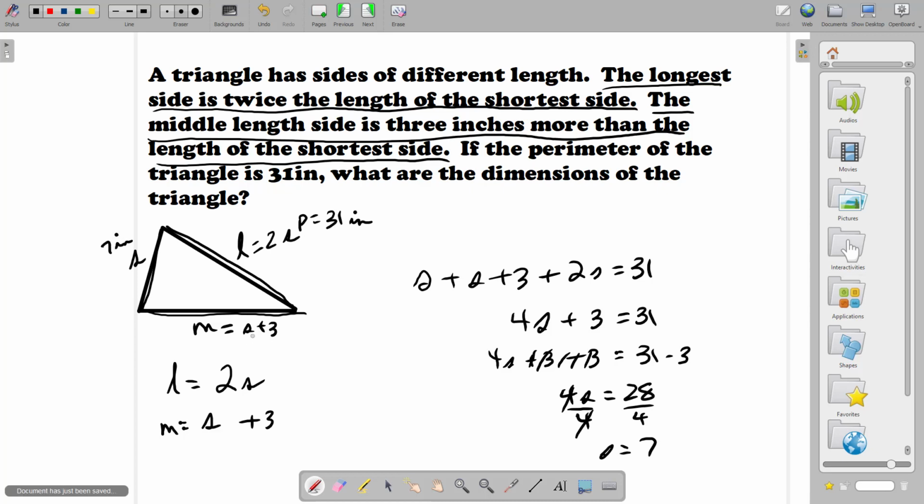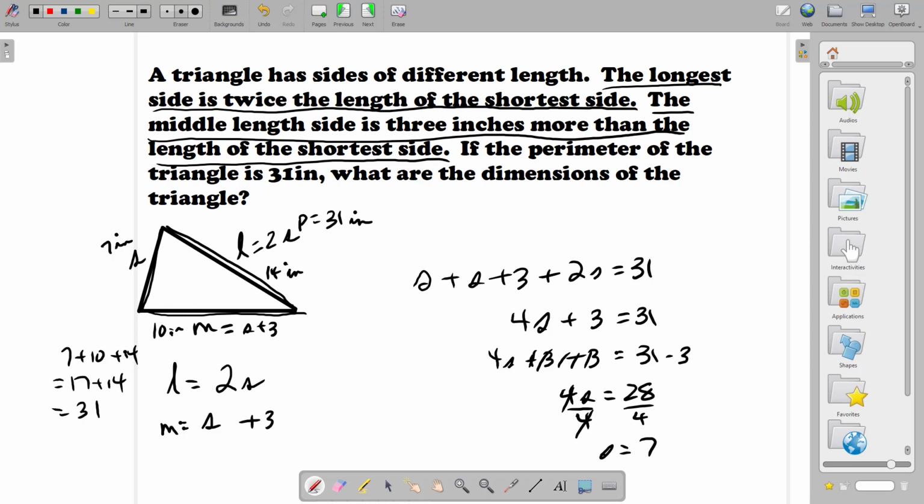Our middle side is 7 plus 3, or 10 inches. Our long side is 2 times S, or 14 inches. We can check and make sure that's right by taking 7 and 10 and 14. This is 17 plus 14. That gives us 31.